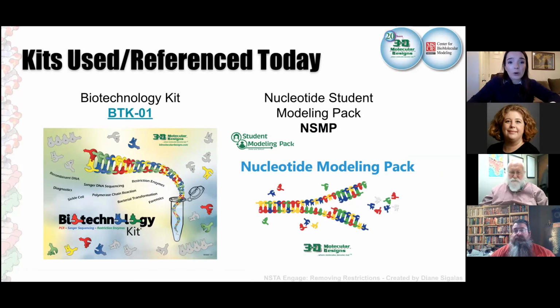You can pull this off your shelf, and like I told you, it's pandemically perfect. Your kids can use this from central dogma with the flow of genetic information kit. You can use it with PCR. We just used it right here with restriction enzymes. So you can use this kit in so many different ways, which is something I absolutely love about the 3D-MD kits.